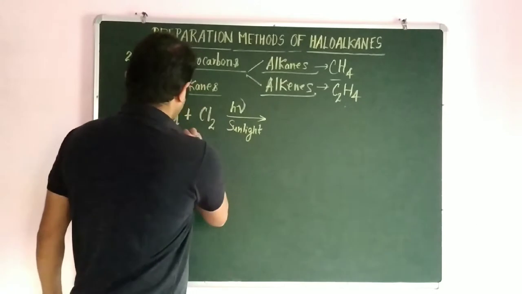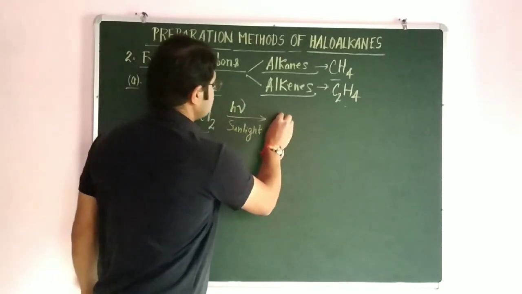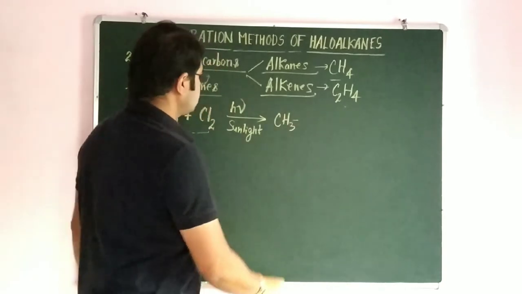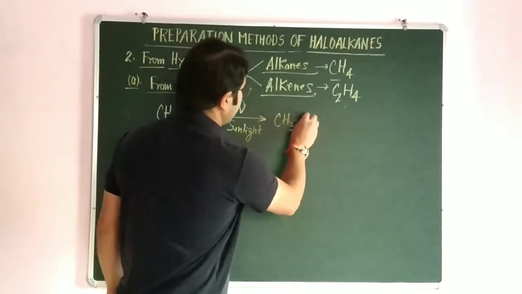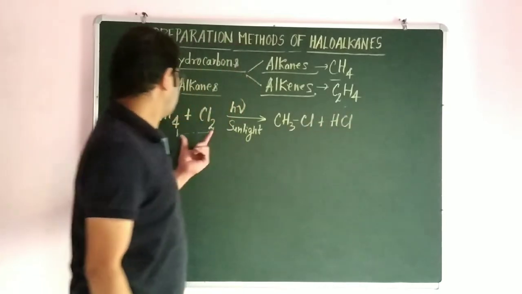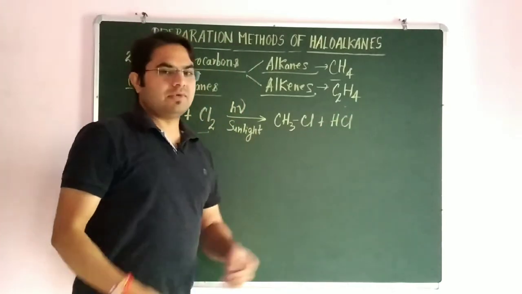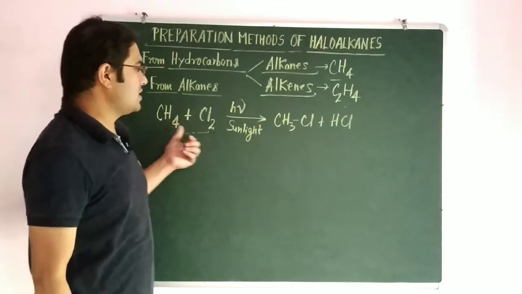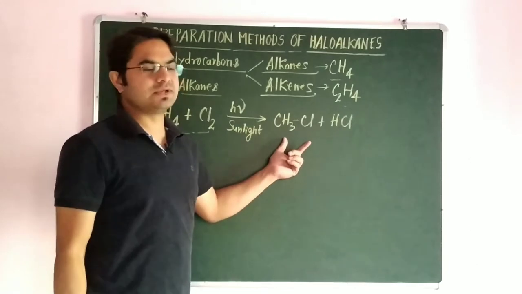Then the product formed here replaces the hydrogen from the alkane part and forms CH3Cl with the elimination of HCl. One more very important thing here is that this halogenation is a free radical substitution.